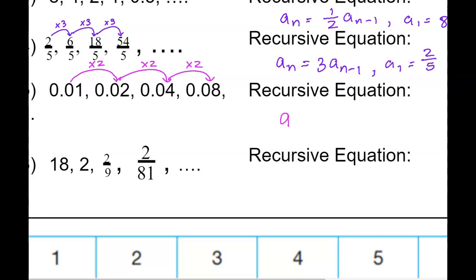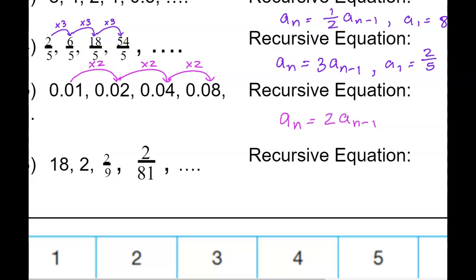A sub n equals. Good. And then, Liz, for number 5, we started with a sub n equals. What comes next in our recursive equation? 2 times a sub n minus 1.